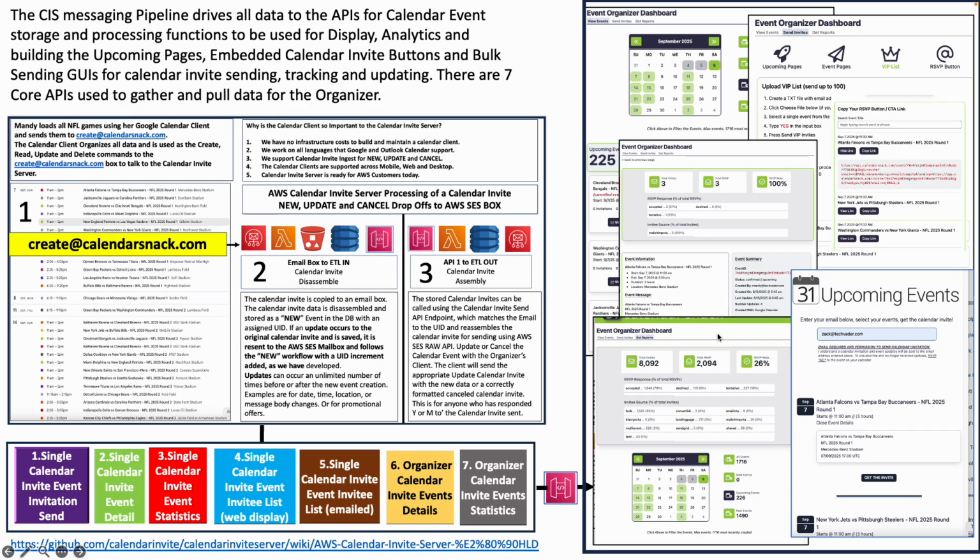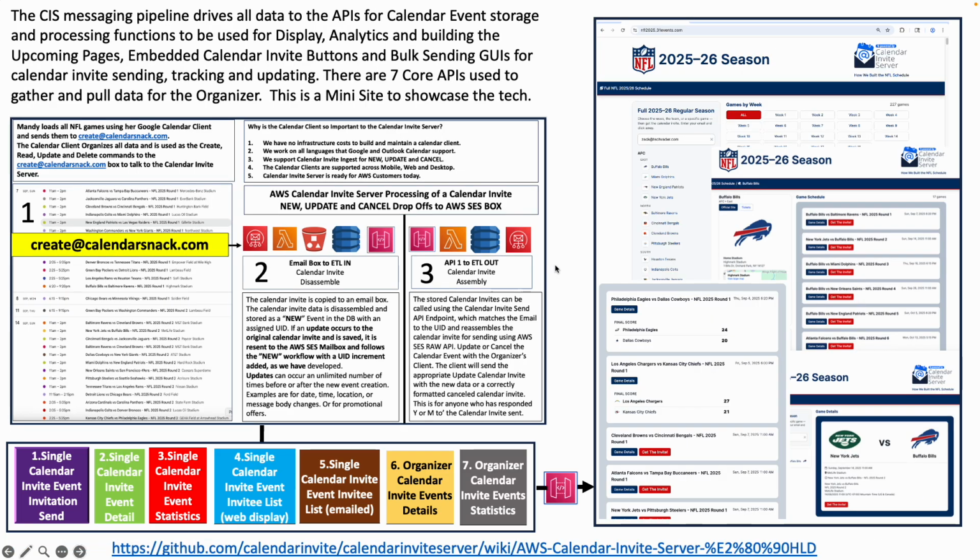But also important to this whole thing is that in the middle ground, the Calendar Snack app is the organizer's dashboard, and we do the same for the organizer dashboards. The same plays through, it's the same data set, same set of APIs, so you can see in a linear fashion that this whole stack of APIs plus the functions built in as well as the AWS infrastructure is all running this essentially on top of the Calendar Snack app and this mini site we built.